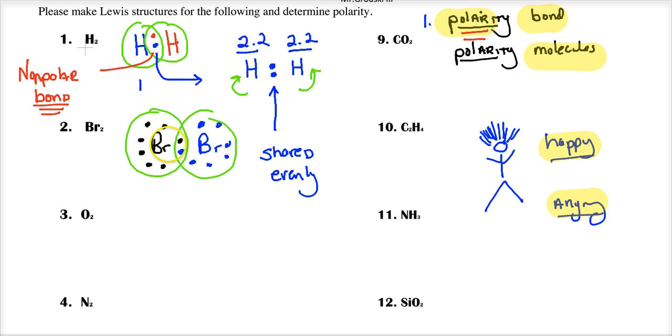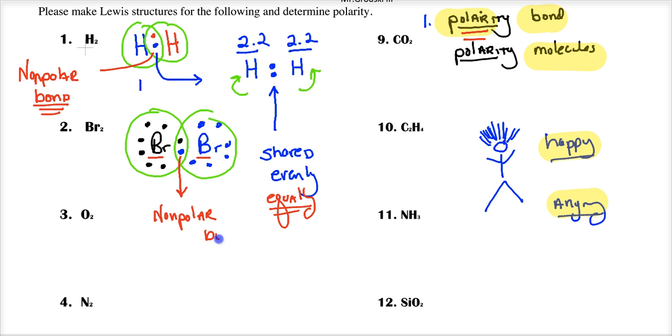Now look at bromine. Bromine is the same element, so it's also going to have the same electronegativity. I don't know the number, it's probably somewhere close to 2.6 is my guess, but the bottom line, they're both the same element, so these electrons are shared evenly or equally down the middle. So we would say that this is a non-polar bond as well.